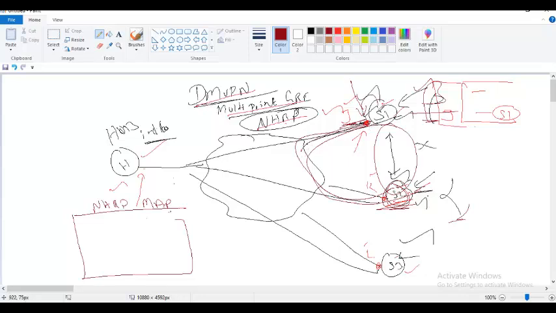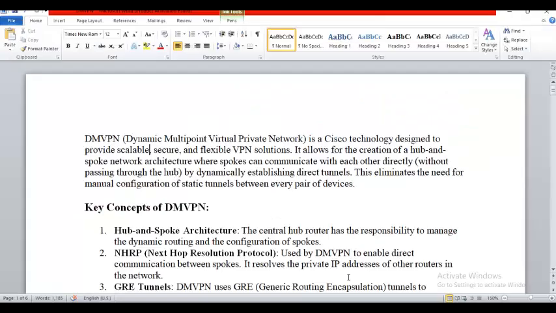There is no need to go through the hub because through NHRP they have already learned, resolved the public IP address. Is this clear? All right. The explanation I gave is very clearly given to you here. You can go through this later.